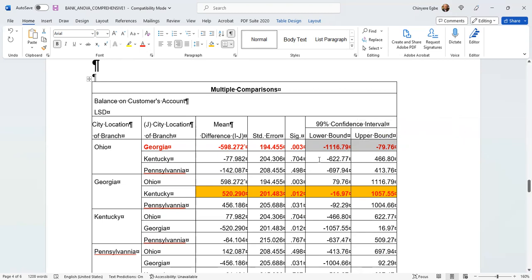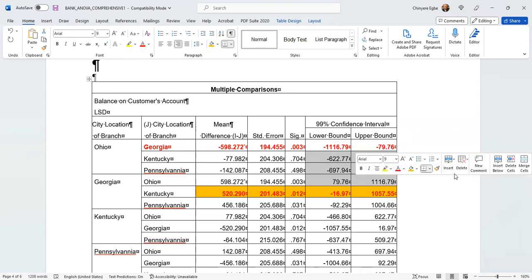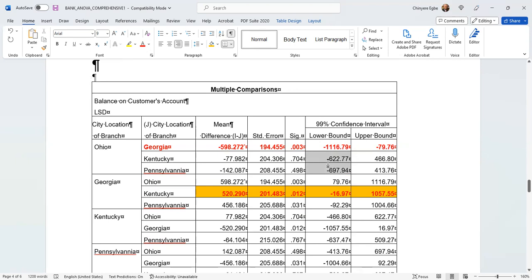But when you look at the confidence intervals for the other branches, you see that you go from negative to positive. That means Ohio and Kentucky are the same, and Ohio and Pennsylvania are the same, because the confidence interval goes from negative to positive.